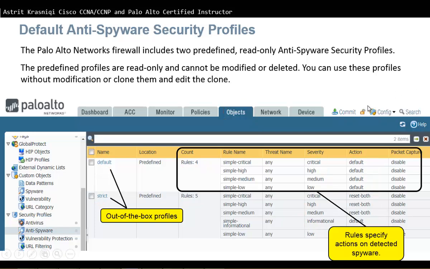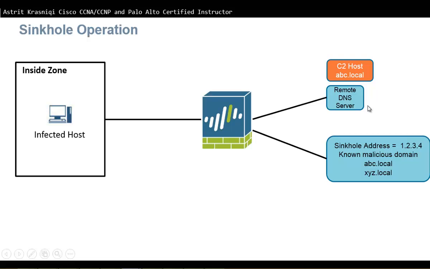But first, let's talk about sinkhole operation. Before we start creating this security profile, we have to talk about the sinkhole operation because we're going to use this as well. Imagine the infected host in our inside zone, it's already infected, and it's trying to communicate to a malicious domain.